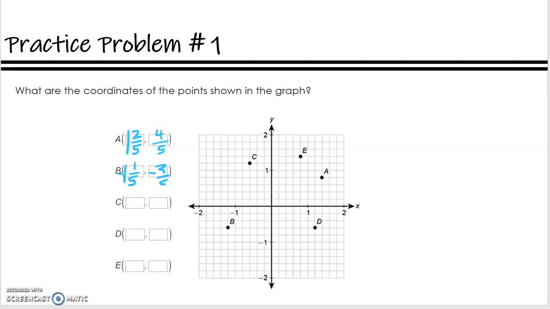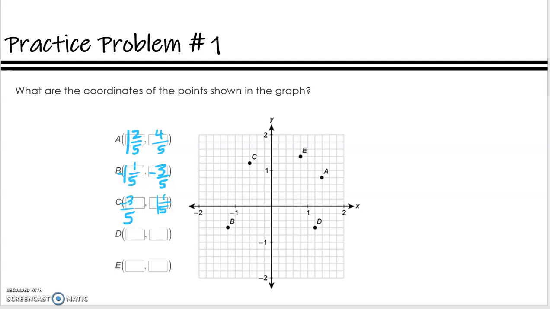And don't forget those negatives for the X and the Y value. C, you go left 1/5, 2/5, 3/5. So -3/5. And then you go up to 1, and then you go 1 more. So that's +1 1/5. Okay.